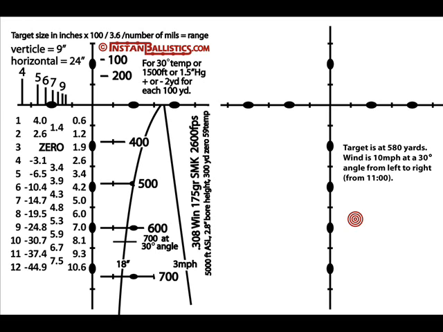And here's your proper hold for this scenario. Now, if you assume that the windage adjustment would be about 50% of your standard windage adjustment for a 90-degree crosswind, you would be correct. It's about 50% of the standard adjustment.